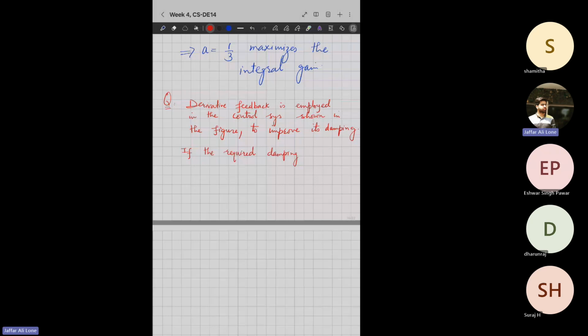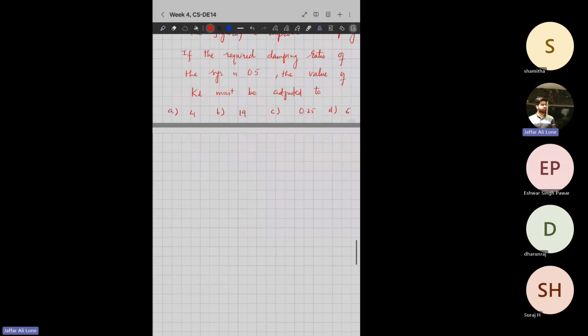If the required damping ratio of the system is 0.5, the value of KD must be adjusted to option A 4, option B 19, option C 0.25, option D 6.